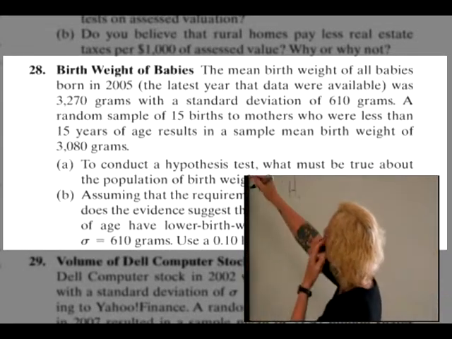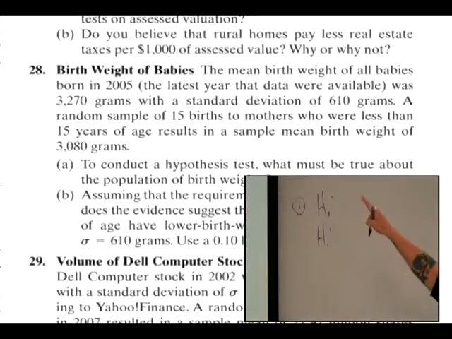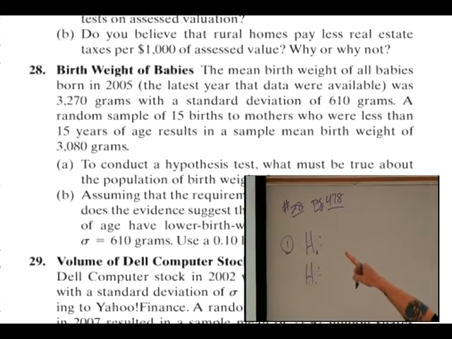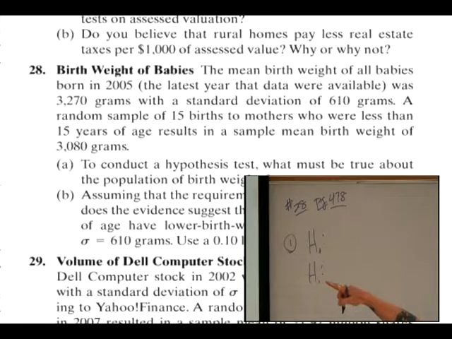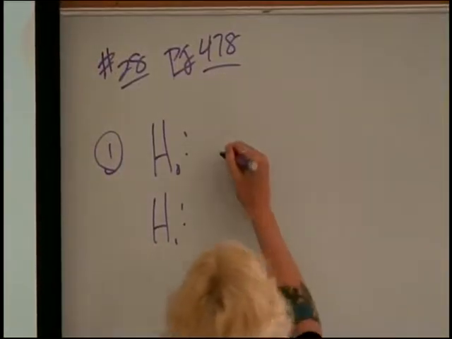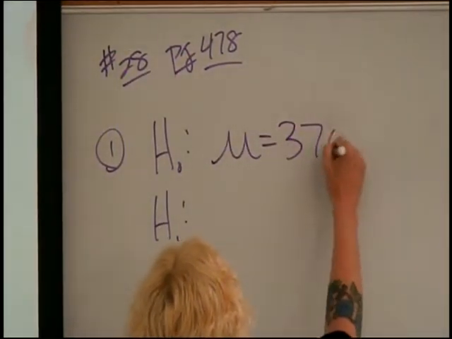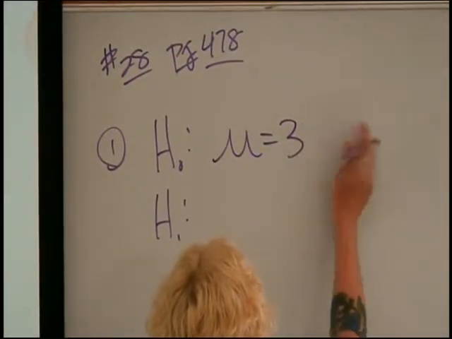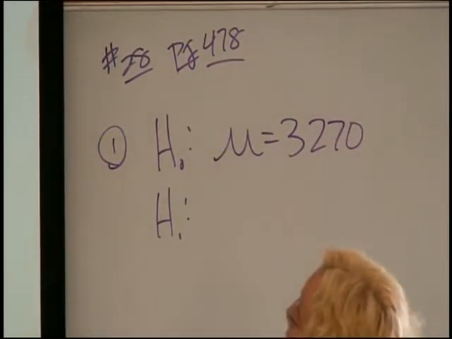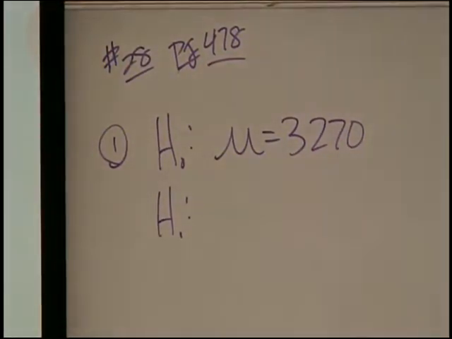So H0, we decided that it says the mean birth weight of all babies born in 2005 was 3270 grams. That is the established fact from 2005, the last year that data were available.